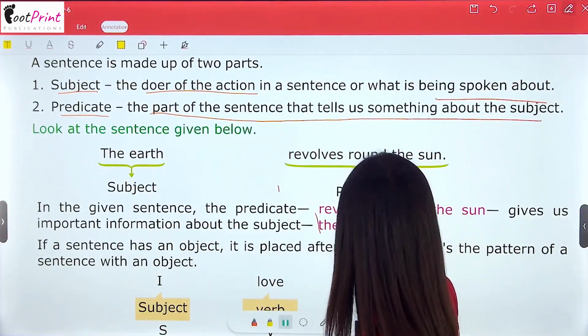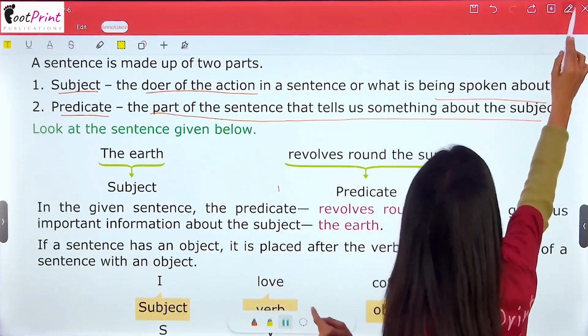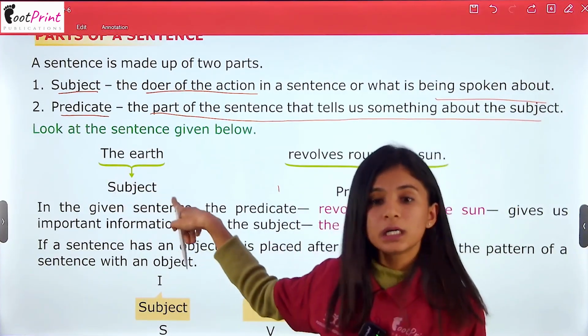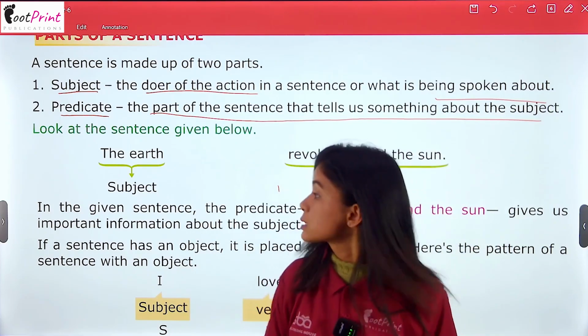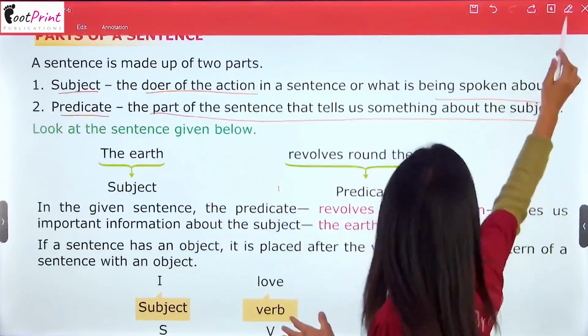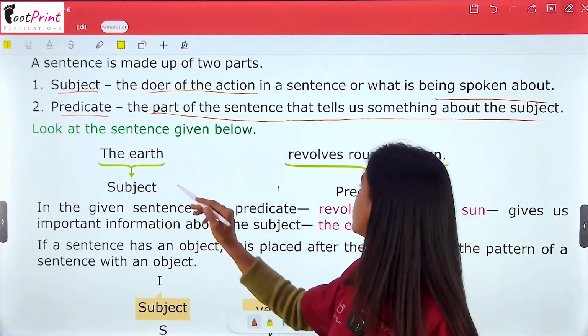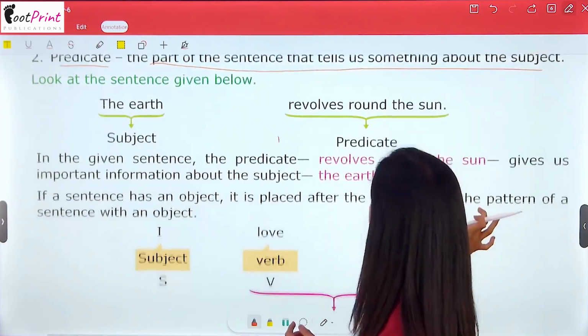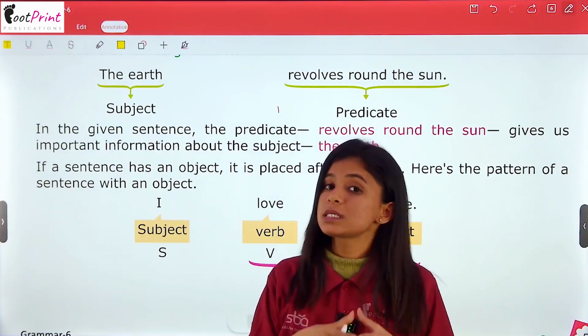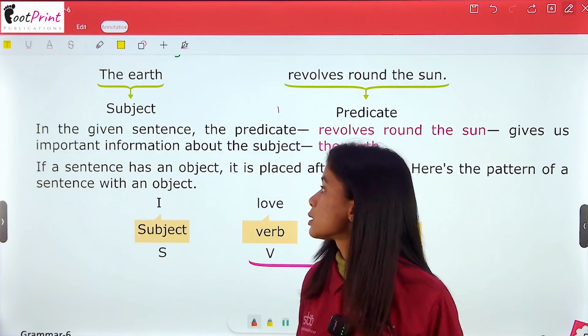Here is also an example given. That is, the earth revolves around the sun. Here our subject is the earth. Alright? The earth that revolves around the sun. Let us know what is the subject and the predicate of this sentence.